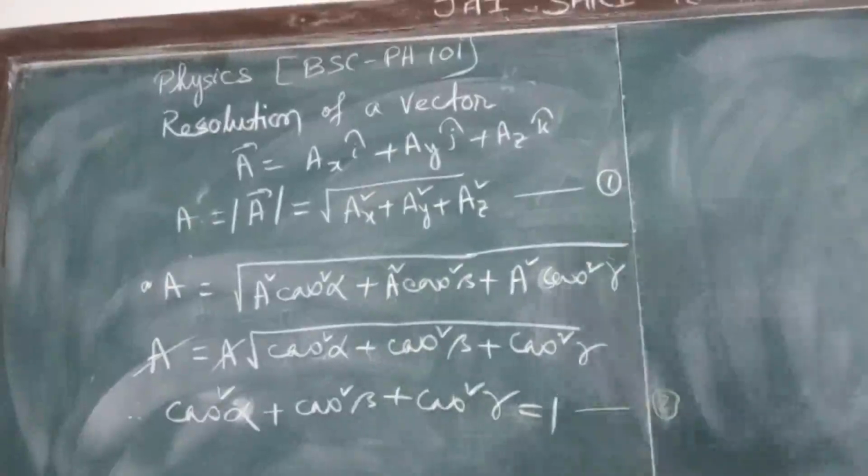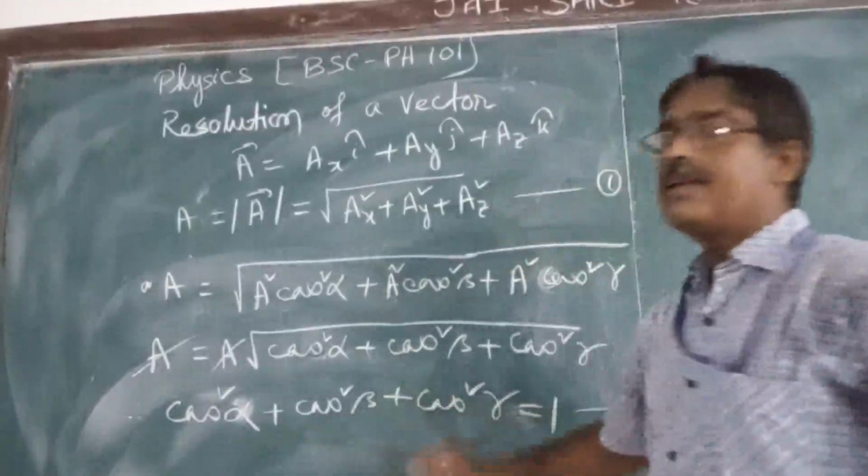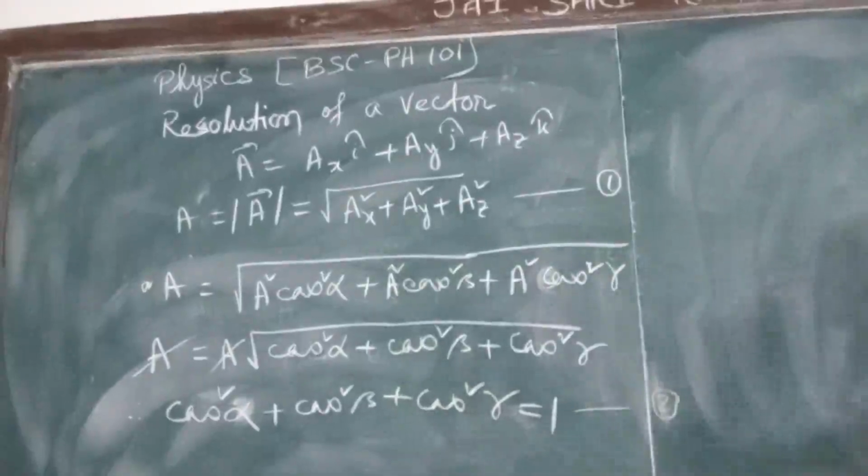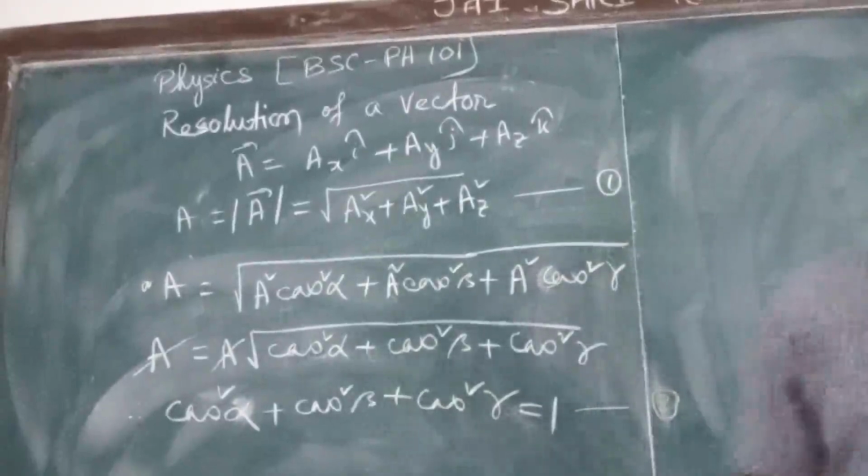So cos square alpha plus cos square beta plus cos square gamma equals 1.